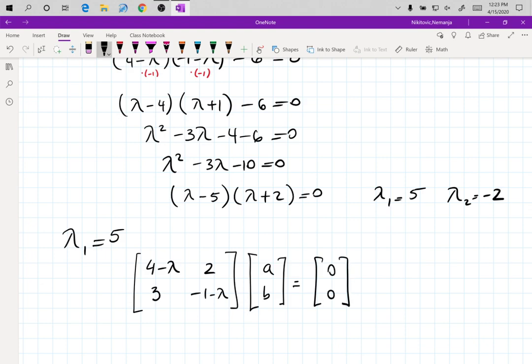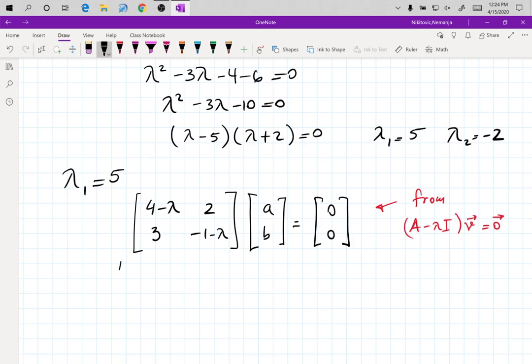So from A minus lambda I times vector V equals 0 vector. So this can be of any order.